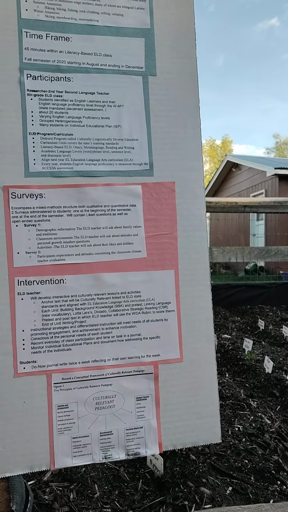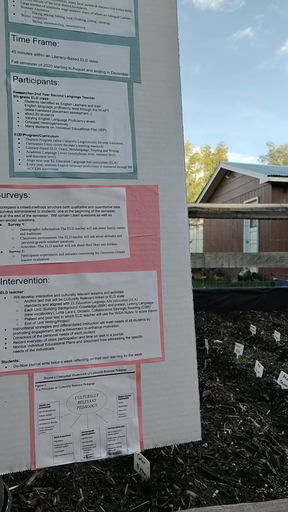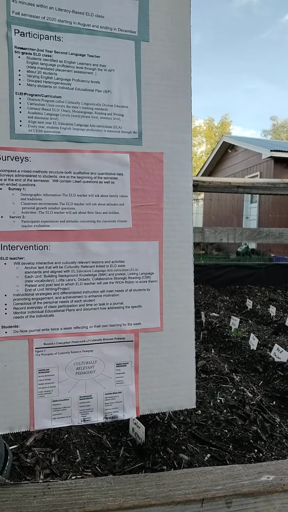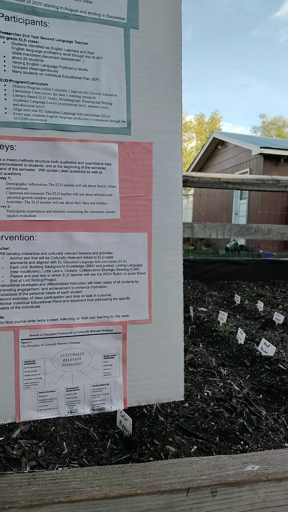Then it'll go into new vocabulary, collaborative strategic reading, and other strategies. At the beginning and the end of each unit, I'll have a pre-test and a post-test, and I will be using the WIDA rubric to score them. At the end of the unit, they'll do a writing or a project to show what they have learned.